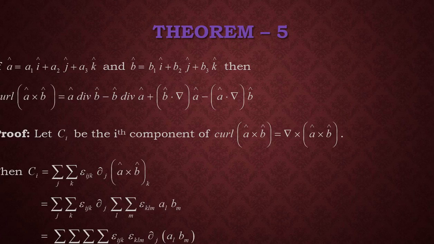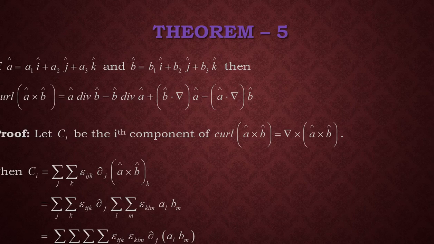Here we are going to prove the identity: curl of a cap cross b cap equals a cap times div b cap minus b cap div a cap plus b cap dot del times a cap minus a cap dot del times b cap. Let's prove this vector identity.